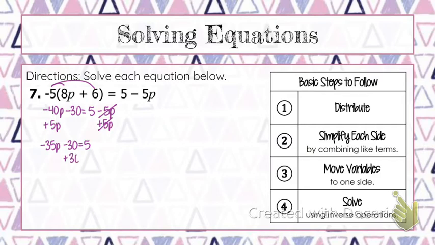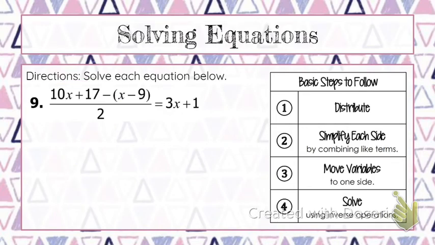We will add 30 to both sides. That equals 0. And we get negative 35p equals 35. Divide both sides by negative 35. And negative 35 over negative 35 is just 1. So 1p, but we don't have to write the 1, equals positive 35 over negative 35 is negative 1. So our answer is p equals negative 1.